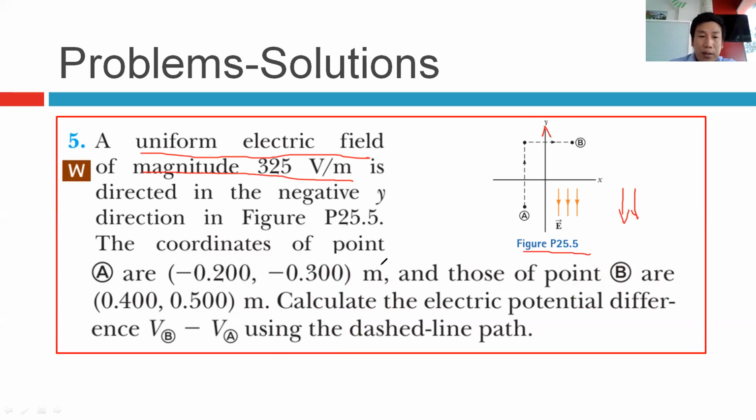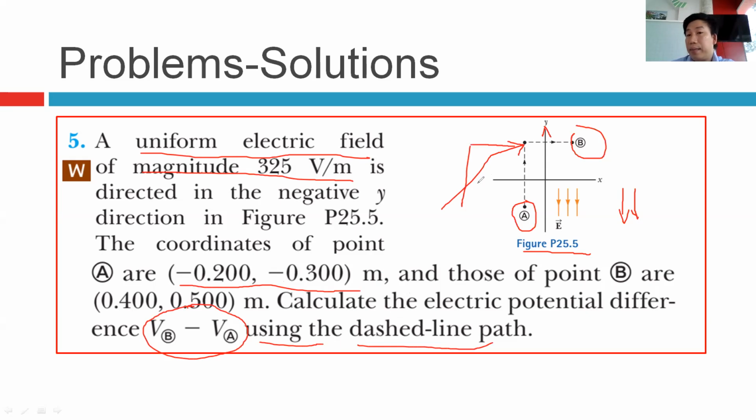We have two points, point A and point B, and the coordinates are given in this schematic. We need to calculate the electric potential difference along the dashed line path. It means that we will calculate along this line, with this path.